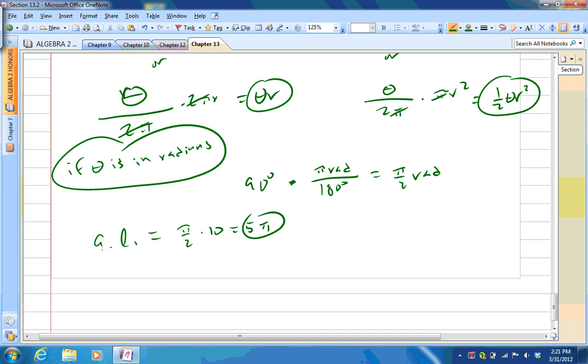So that'll be 5 pi. Area of the sector: 1/2 times pi over 2 times 10 squared. That'll be 25 pi.